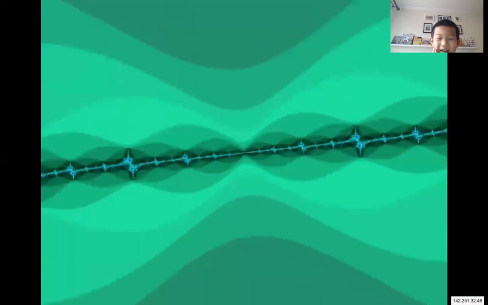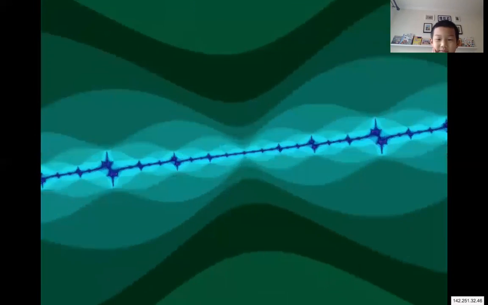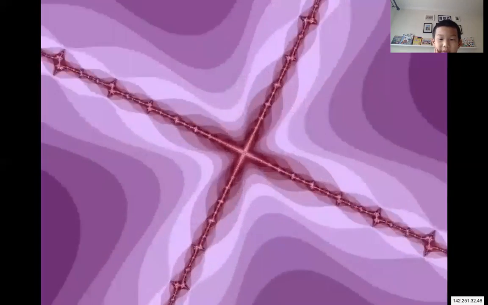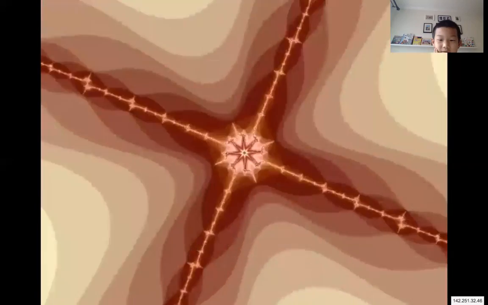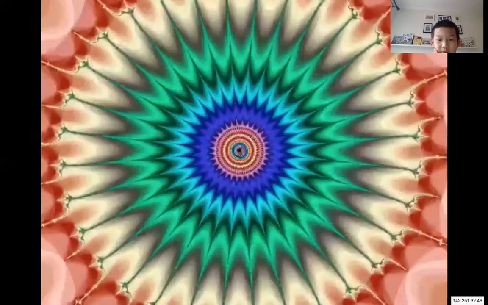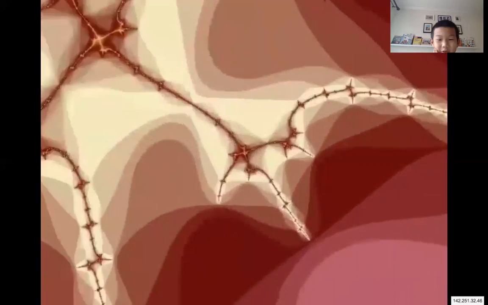Now it's easy again. 4 folds in 3. 8 folds. Whoa, Mandelbrot. But we are going to continue zooming in.